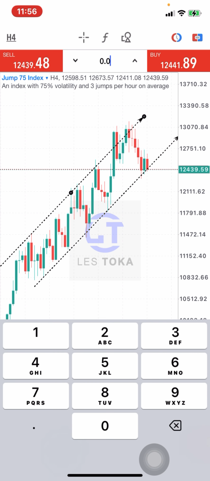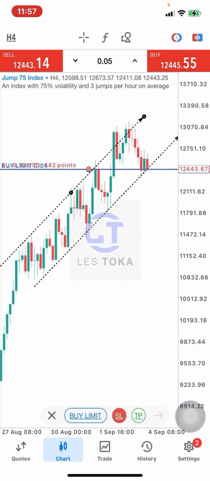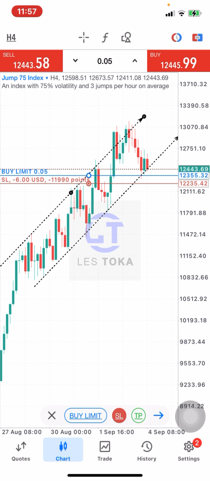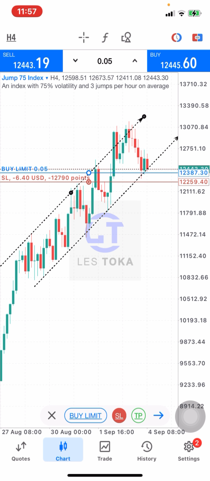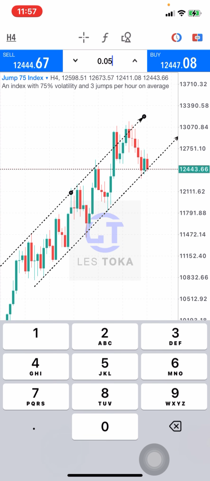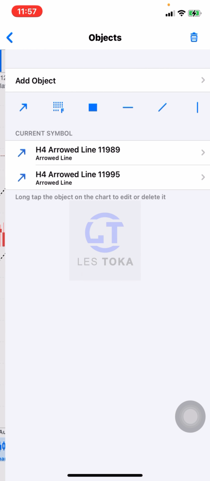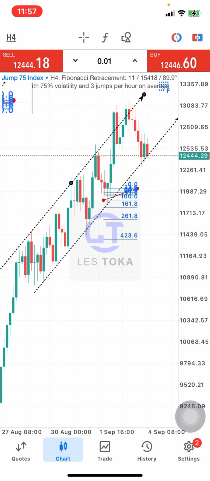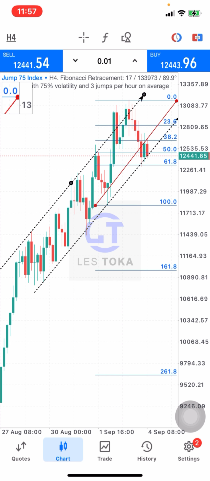Let me just calculate my risk here. I'm planning on entering 5 positions on this one, and let's just see how it all plays out. It's a similar setup. I'm using the Fibonacci from my swing low here all the way to my swing high.